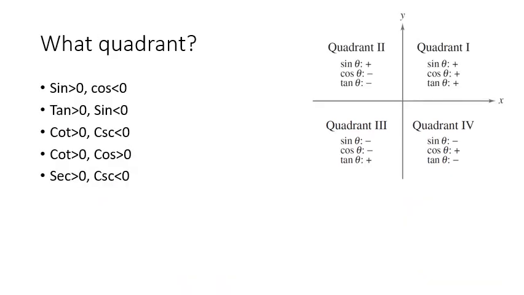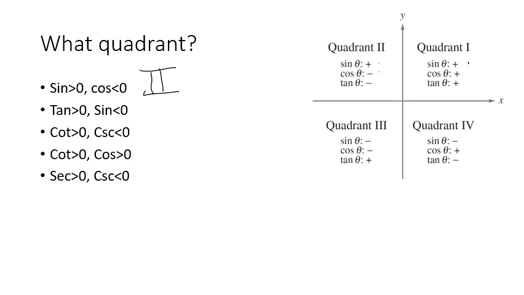So let's talk about a couple of examples. Which quadrant do these belong in? If sine is positive, we could be in the first quadrant or the second quadrant. And if cosine is negative, we're going to be in quadrant 2.